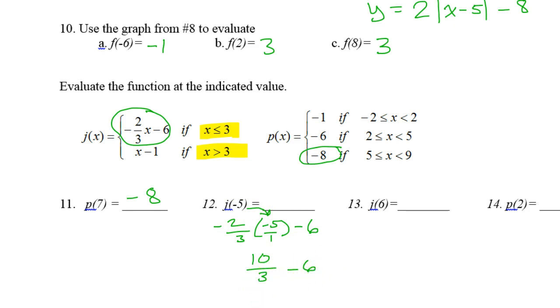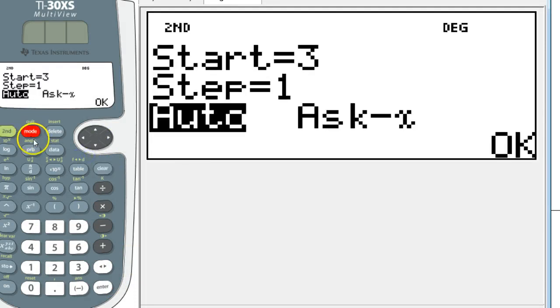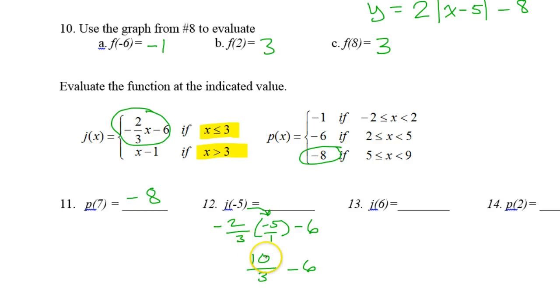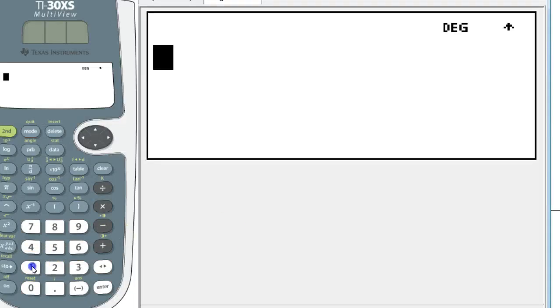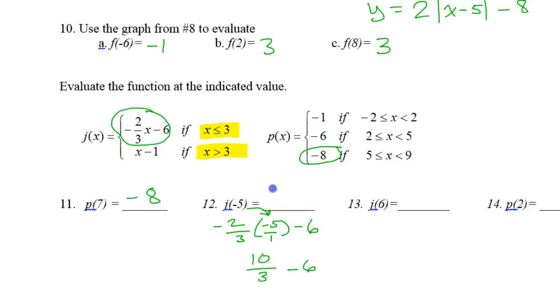Now, I could cheat and use my calculator. All right, so I have 10/3 minus 6. So if you're allowed to use your calculator, you see that it's -8/3.